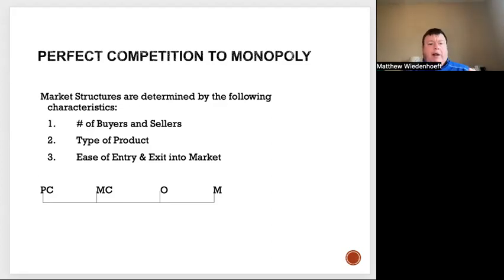The third one is ease of entry and exit in the market. Can you get into it easily? Can you open a restaurant today? Yeah, you could. Could you start a professional sports franchise? There's a barrier to entry there, not just with funding, but also the league. The league has to approve you, whether it's single A, semi-pro, all the way up through the top tier minors to the major leagues.